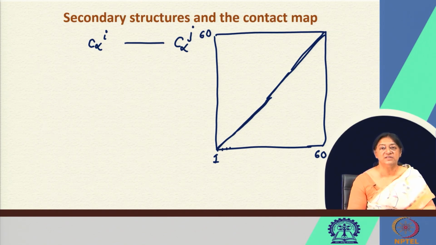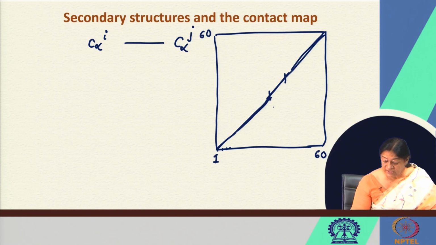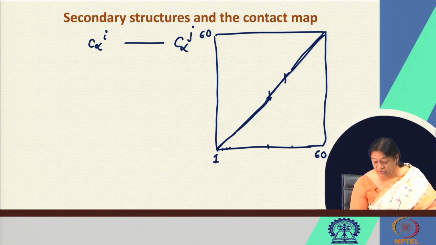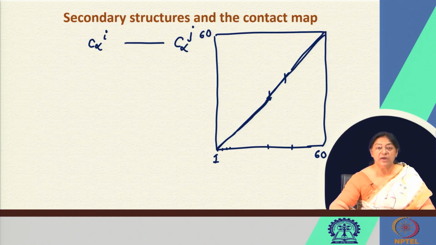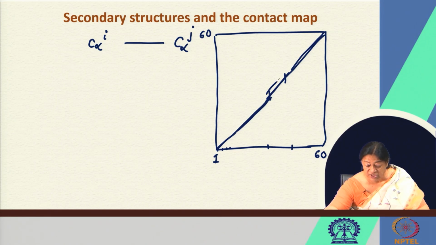Now, say I have a helix around this region. We know that helices are contiguous in nature. Say I have a helix from around 25 to 35. What would I expect? I would expect 25 to be close to 26, which is natural, but I also expect a hydrogen bonding between i and i plus 4, which means there is going to be a thicker band along this helix region, telling me that residue number 25 is in contact with 29.